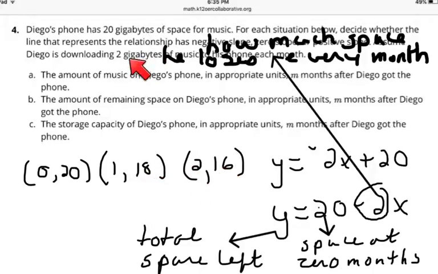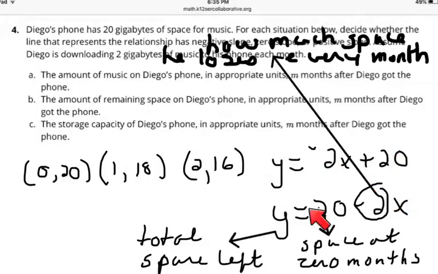Because up here it says he's downloading 2 gigabytes of music, and therefore that's taking away from the 20 gigabytes of storage space that he had. Then I wrote an equation in slope-intercept form, where this is the slope, and this is the y-intercept.